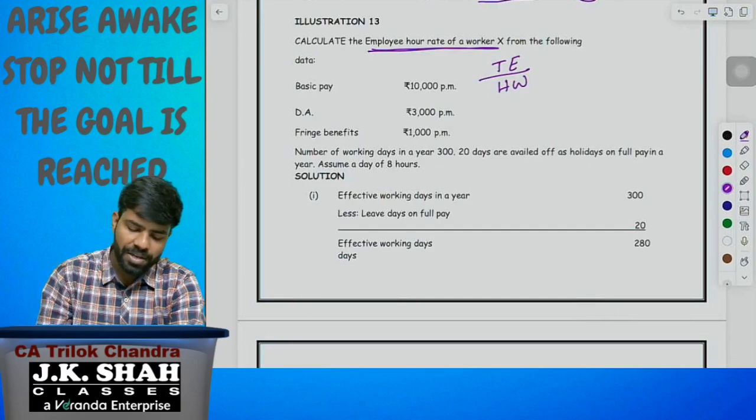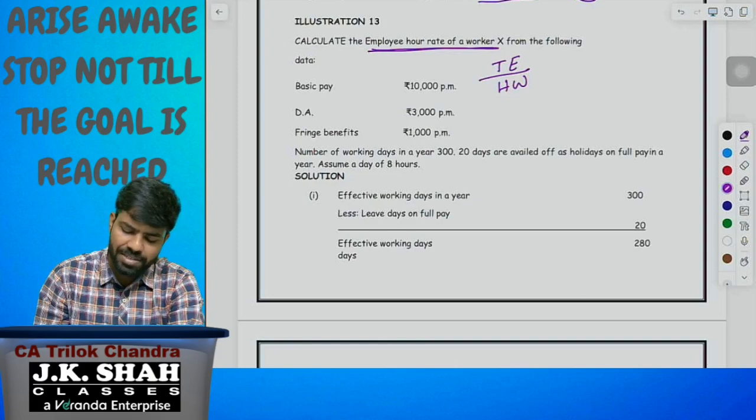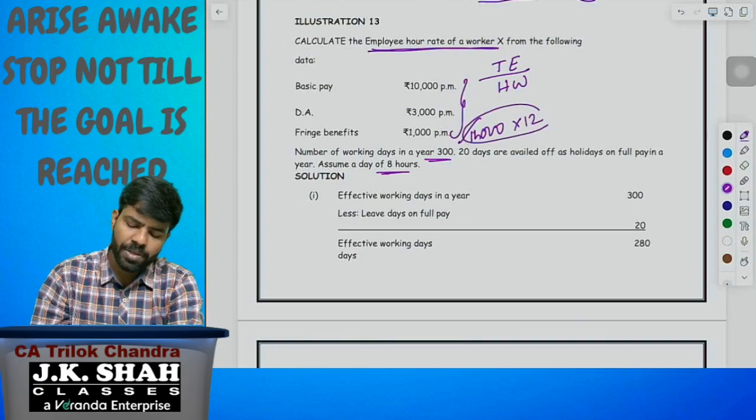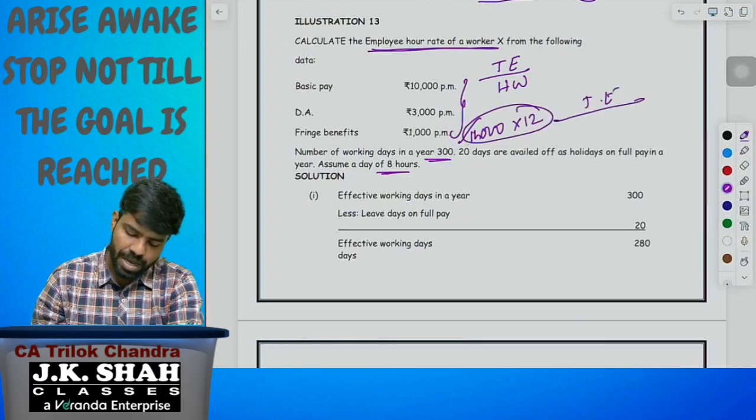From the following: basic pay 10,000, DA allowances 3,000, fringe benefits 1,000. Number of working days in a year 300, 20 days went off as holiday and full pay in a year. Assume 8 hours. Simply, make a total of this. Total comes to 14,000 per month into 12, 1,68,000.